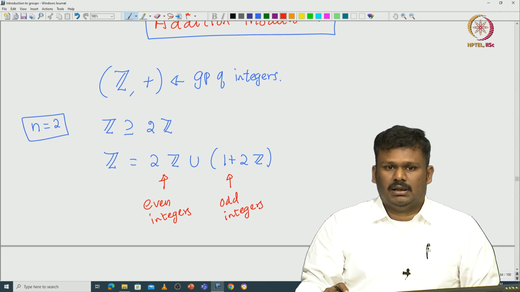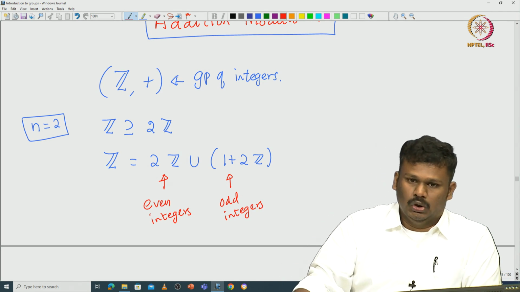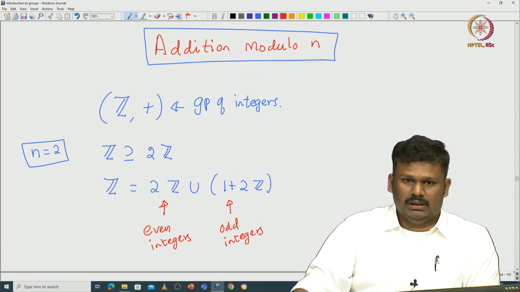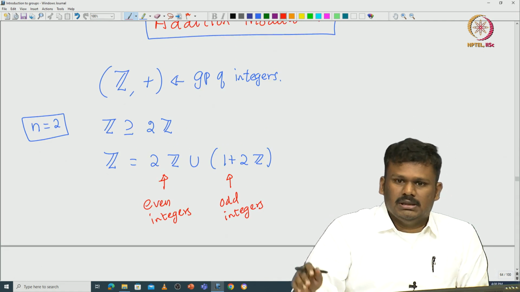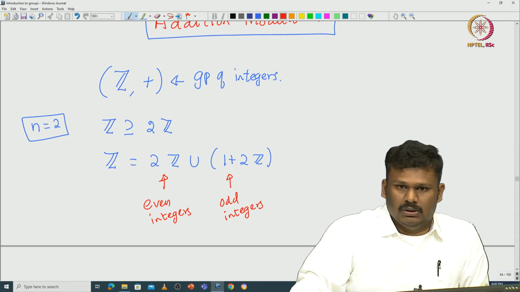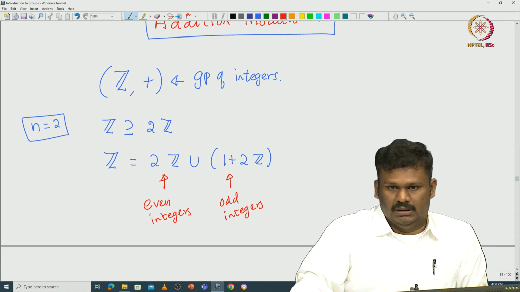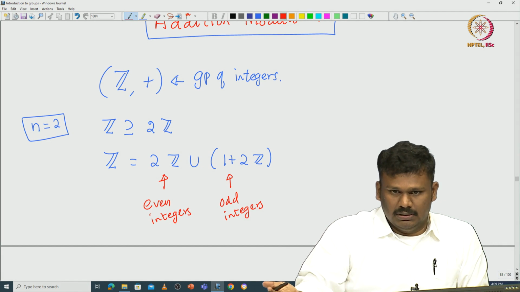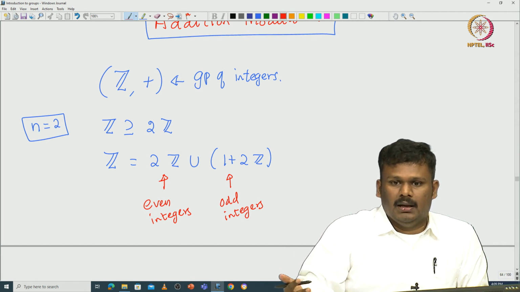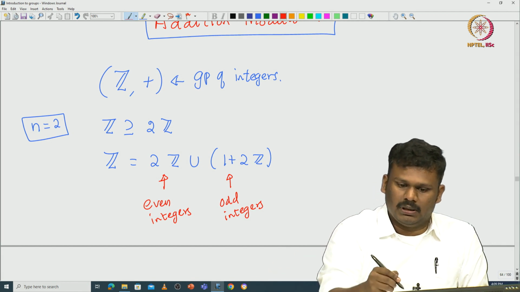So, what is addition modulo 2? Okay. What is the meaning of doing some arithmetic modulo 2? This is about things that you are already familiar with: adding even integers or odd integers. You must know already that if you add 2 evens you get even. So, that is what is called addition modulo 2. Okay.